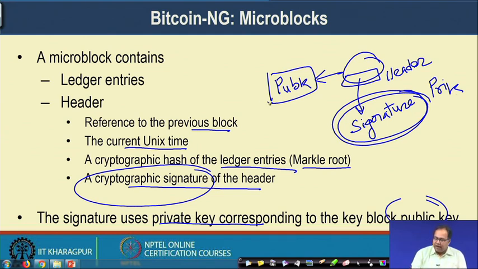That means, as a verifier you will be able to verify that this signature is coming from the miner who has generated this particular key block. So, these microblocks were generated by the miner corresponding to this public key, and this is a valid microblock.